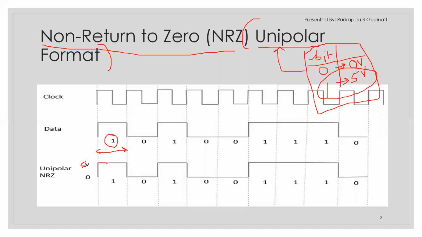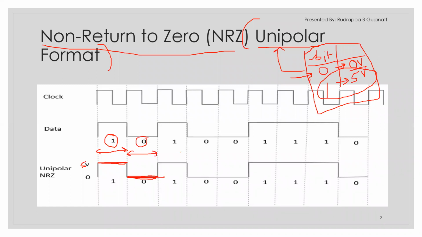If it is 5 volts for the entire bit duration, then it falls under logic 1, or bit 1. Now the next bit is 0. During the bit period of logic 0, that is TB, it will be represented with 0 volt. So during this bit interval, it will be represented as a 0.